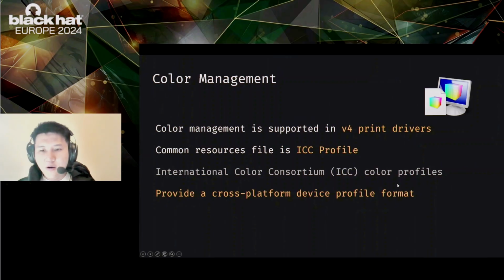The second part of resource parsing is color management. Color management is supported in V4 print drivers. The common resource format is the ICC profile, whose full name is International Color Consortium color profiles. The intent of this format is to provide a cross-platform device profile format.